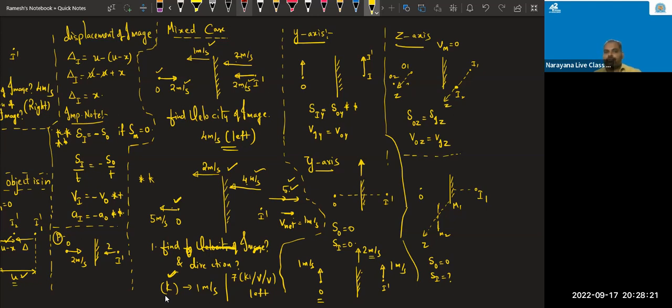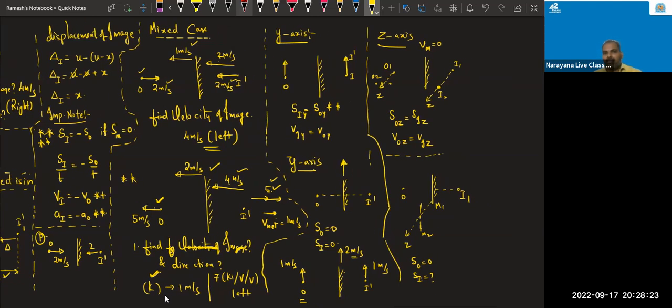Now I will mix all these three cases x, y, z. You have to answer. Shall I erase? Shall I shift the slide? See, the velocity of the object equals 1 i cap plus 2 j cap plus 3 k cap, and the velocity of the mirror equals minus 2 i cap minus 3 j cap minus 4 k cap.